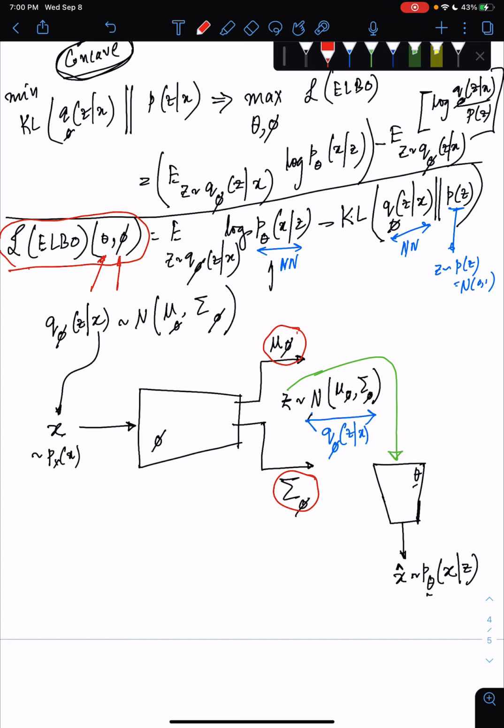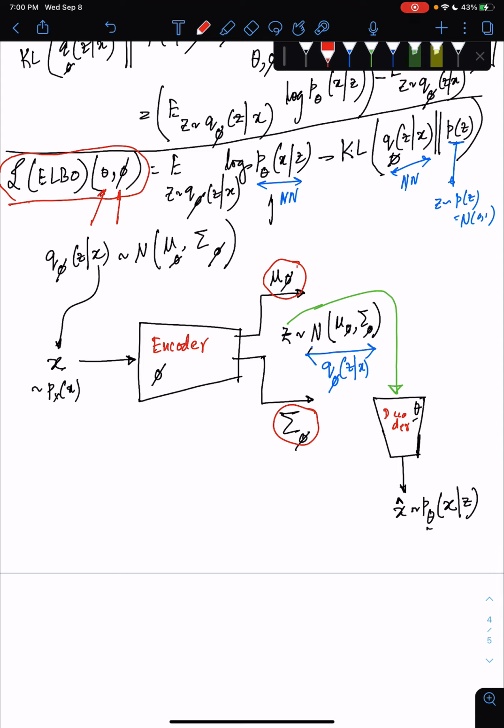So this is where a neural network actually comes into the picture. Now you can easily code this in PyTorch or TensorFlow or whatever it is. This part is often called the encoder, this part is often called the decoder.